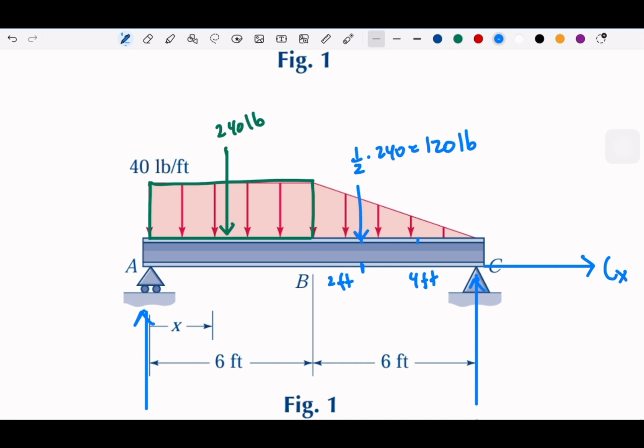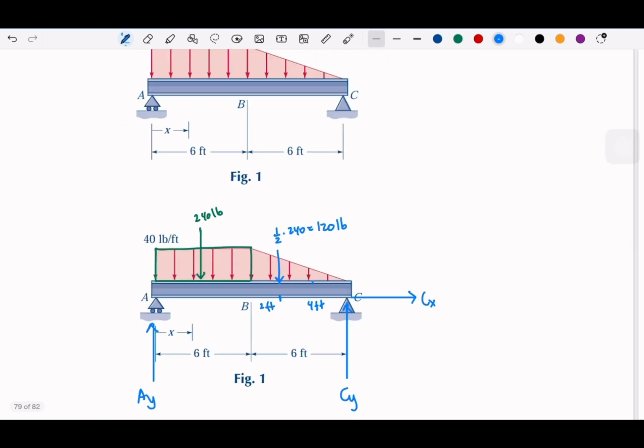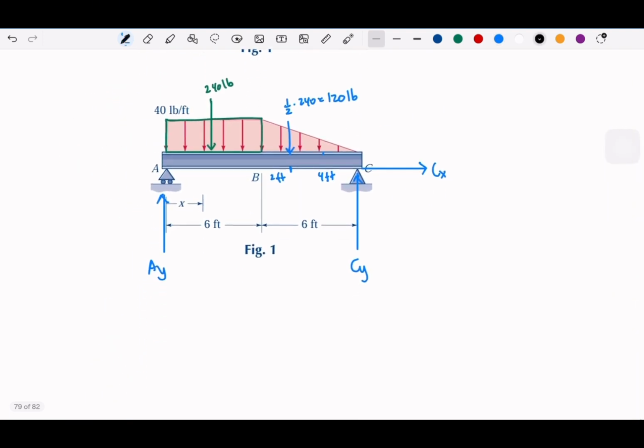Okay, I think we have all the information that we need to find the reaction at A. To find the reaction at C, we can directly use the moment about A, taking this as the positive direction.